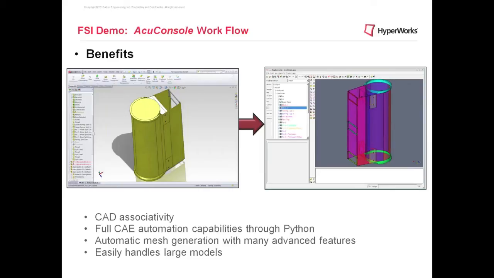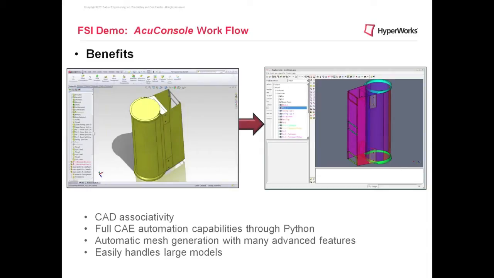In addition to that, AcuConsole has CAE automation capabilities through Python. So we can set up these fairly complex fluid structure interaction simulations in a fully automatic fashion by running a Python script. AcuConsole also features fully automatic mesh generation with a lot of different advanced features, and we'll see a few of those in action when we start doing the demo.